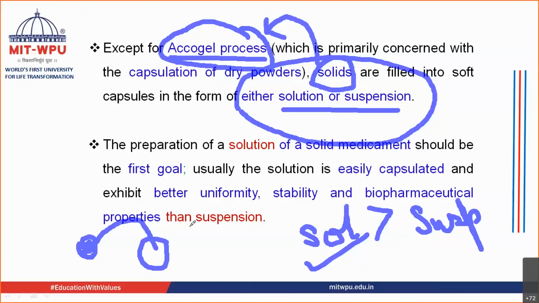That is the only way that you can incorporate it directly. Usually this solid is converted into either a solution or a suspension. Converting into a solution is the best option. Why is it the best option? Because it gives you better uniformity, better stability, and better biopharmaceutical properties, that is absorption and so on. Hence, we prefer solution over suspension, right?